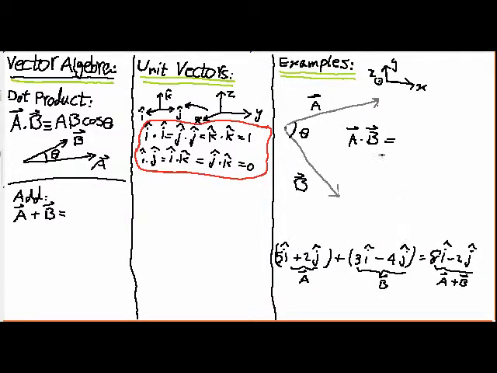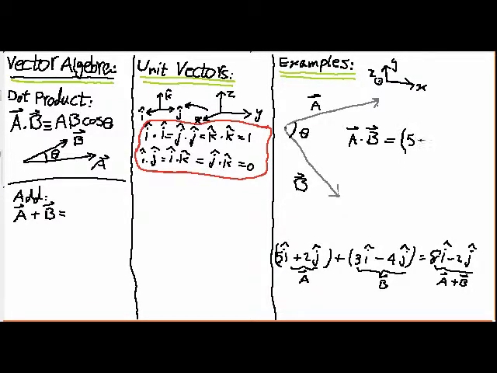So you always need to decompose a vector into its unit vectors, and you always can do this. There is no vector that can't be decomposed. All vectors you can decompose, so no worries.